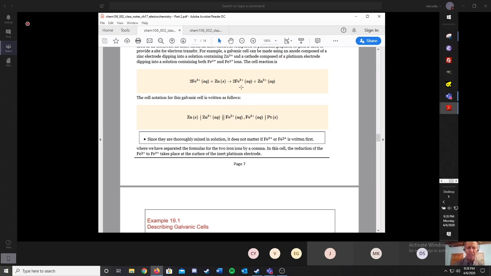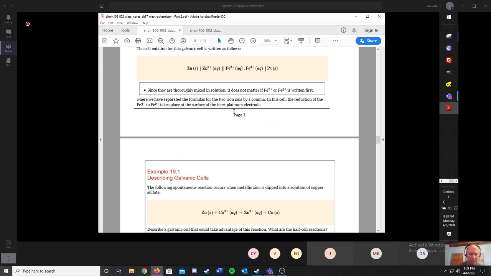So in this case, we could carry out a reaction between zinc and iron using a platinum electrode, because the electrode actually can be made of anything that doesn't interfere. In this case, it doesn't have to be made of iron. Platinum's really stable. In fact, it's more stable than gold, and it won't react. So it's handy to use as an electrode for that reason. All it has to do is conduct electrons.